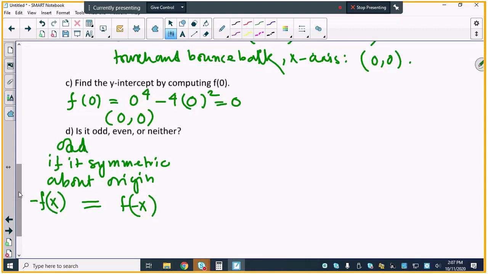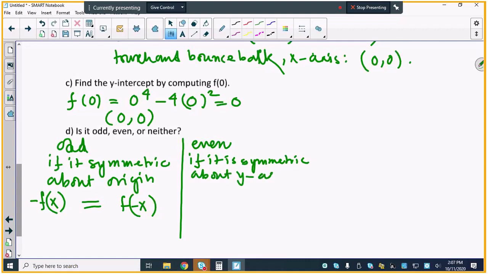And one of the ways I remember this always is remembering the very fact that I can pull this minus out of the function. From the variable, it goes through the function and goes out. That's odd. Whereas a function is even if the graph of the function is symmetric about the y-axis. What do I mean by that?